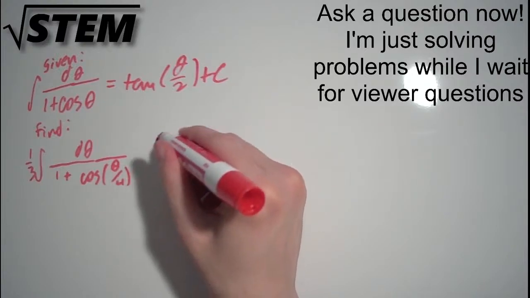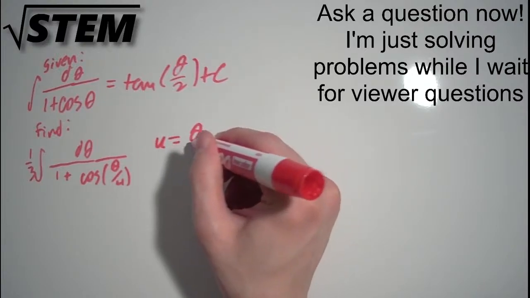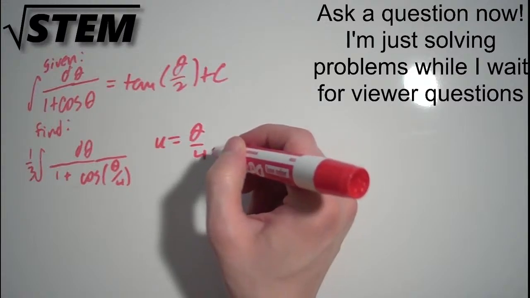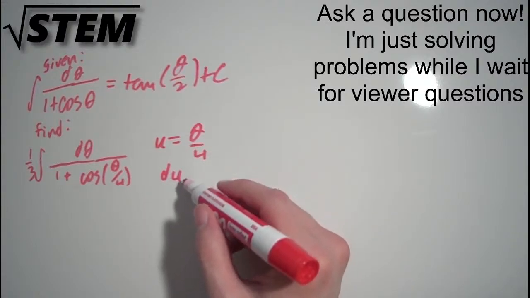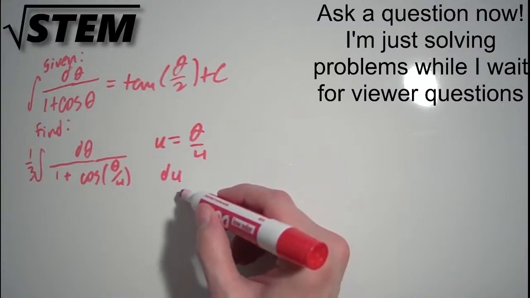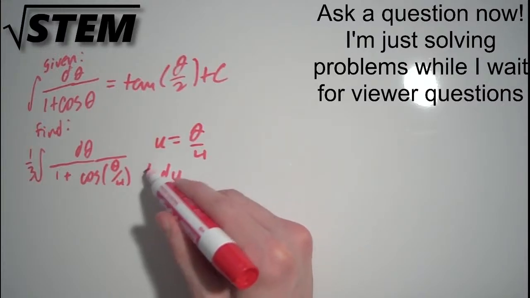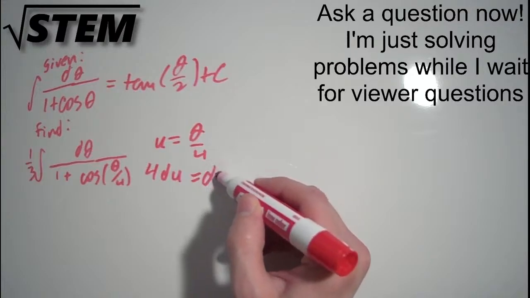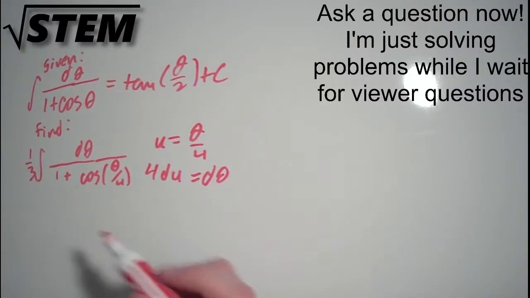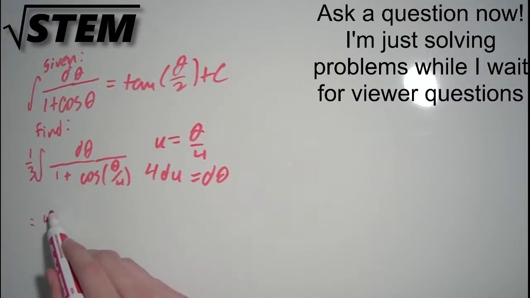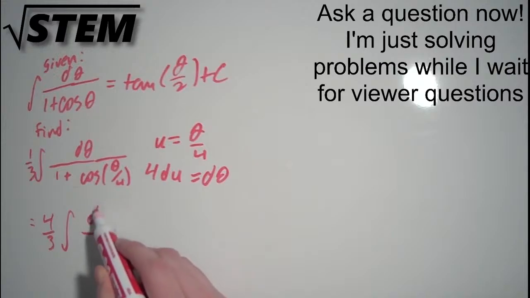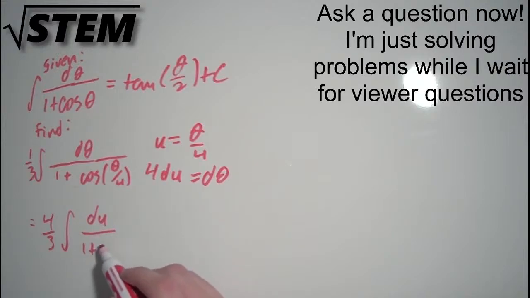We'll let u equal theta over 4, then du d theta would equal 1/4, or 4 times du would equal d theta. So we would get 4 over 3, the integral of du over 1 plus the cosine of u.